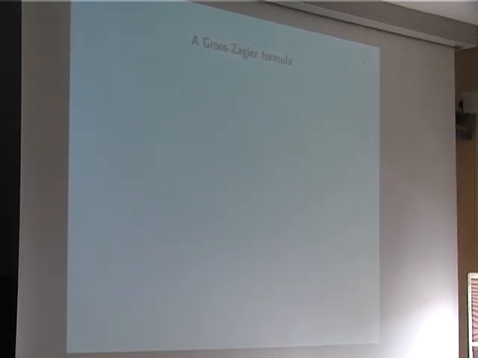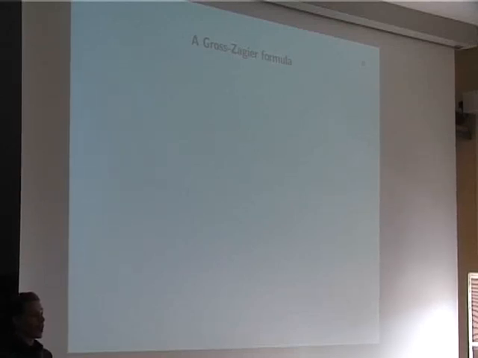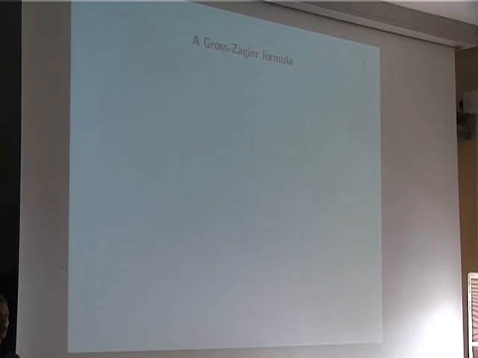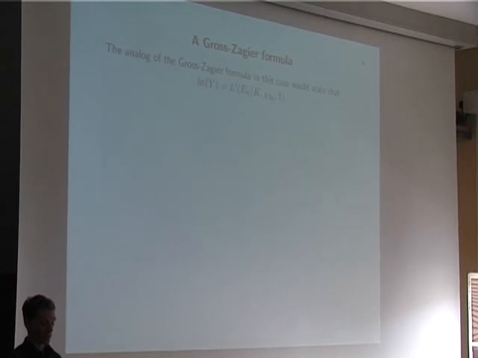OK, let me conclude by relating this back to the Gross-Zagier formula. So remember, when we were just considering regular Heegner points, if we could find a quadratic twist with analytic rank 0, then the BSD conjecture implies that our Heegner point didn't vanish. So what really explains how sometimes the mock Heegner point vanishes and sometimes it doesn't? We should have a Gross-Zagier formula for that.